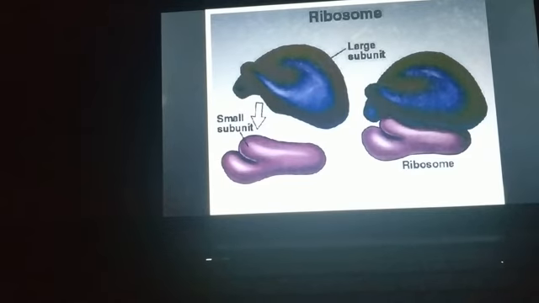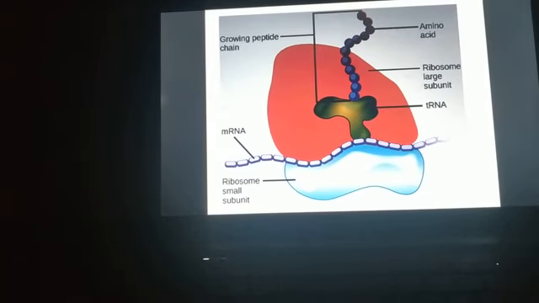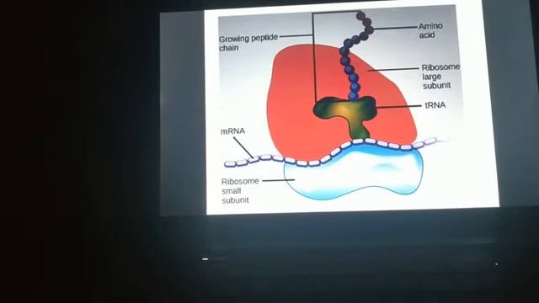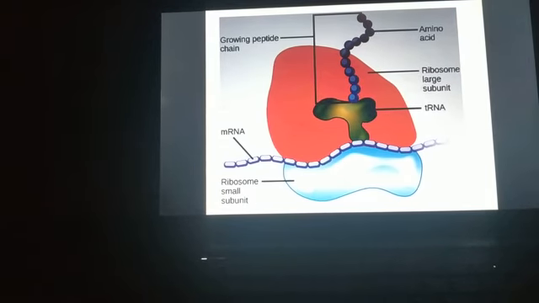Now the ribosome is known as the protein factory because it helps in the formation of protein, in the process of translation. Students, I have explained this in the first chapter, the central dogma of life.